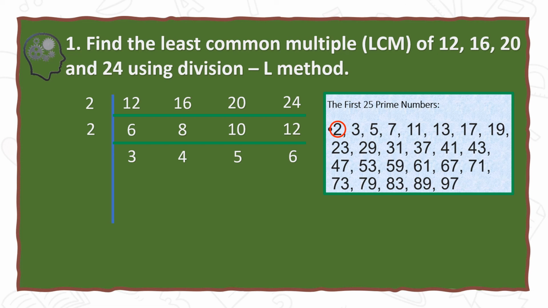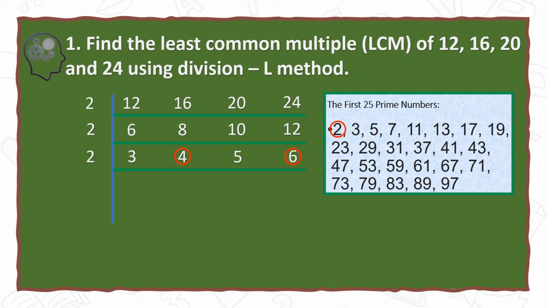Let's check the other numbers. How about 4? 4 is divisible by 2. Yes, it's divisible by 2. 5 is? Yeah, 5 is not divisible by 2. 6 is divisible by 2. In that case, we can divide 4 and 6 by 2.